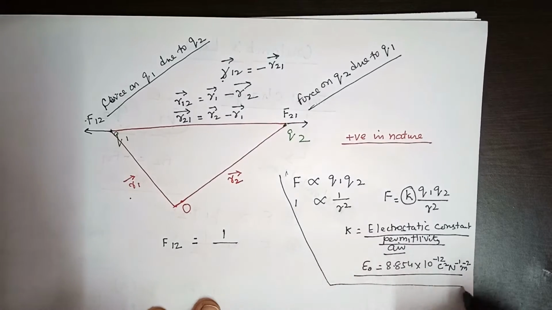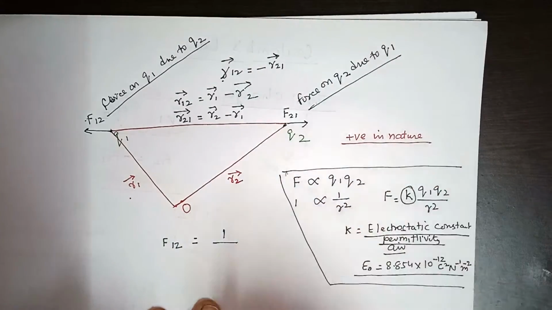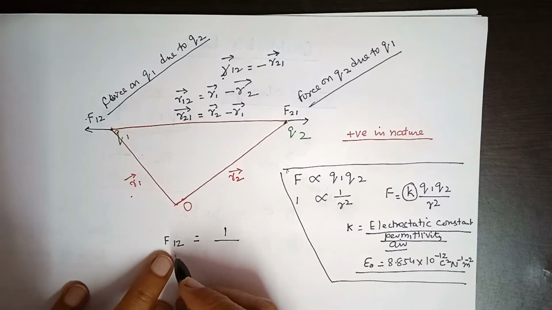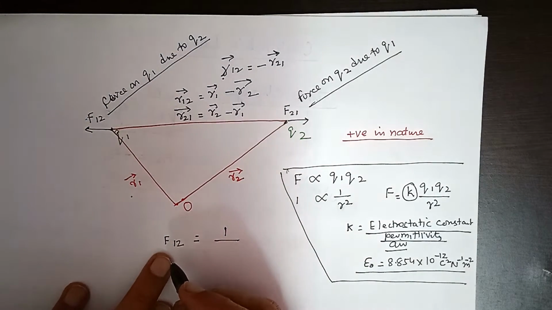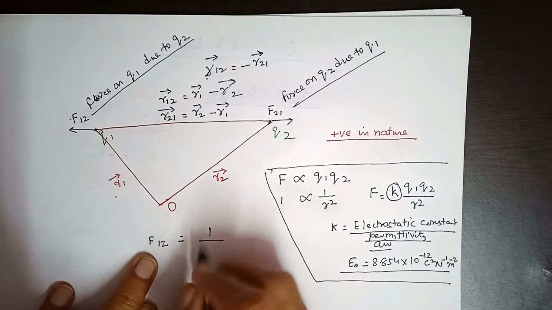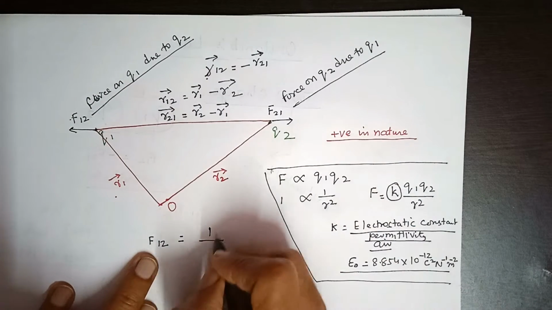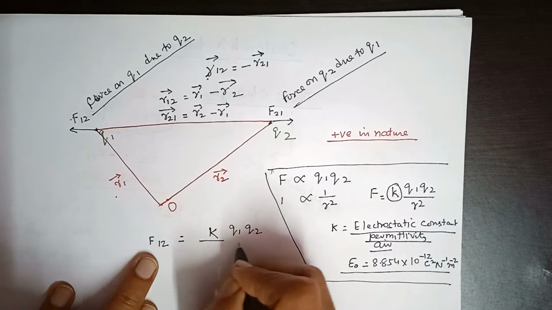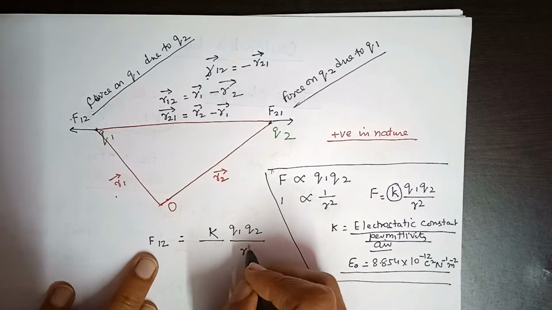So this is the basic Coulomb's law. Now, F12 is the force on charge Q1 due to charge Q2, and that will be equal to K Q1 Q2 divided by R square.